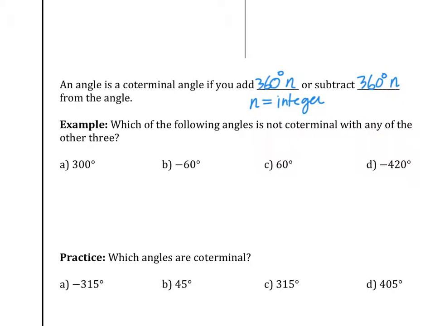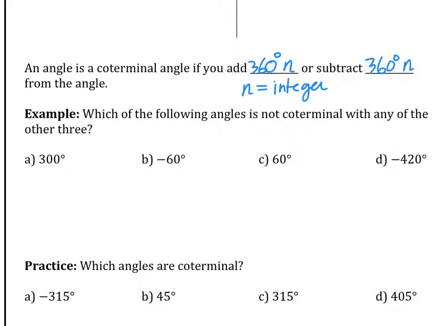All right, let's go ahead and I will show you this one first. Which one of the following angles is not coterminal with the other three? Which one does not end on the same side as the other three? You could draw it out and see if they all end on the same side, but that is not the fastest way.